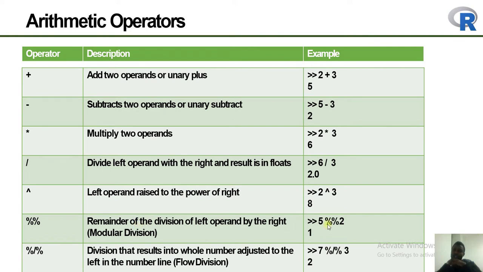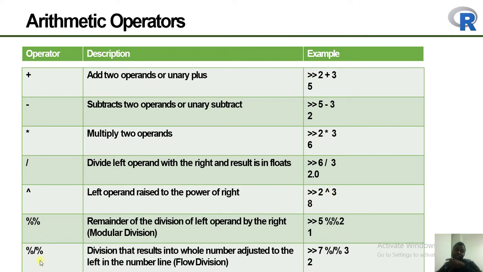So when we say 5 %% 2, we see the result as 1, which is just the remainder when we divide 5 by 2. In our basic mathematics, you would say, how many times can we have 2 in 5? 2 times, remaining 1. So in this division, it only provides us the remainder.